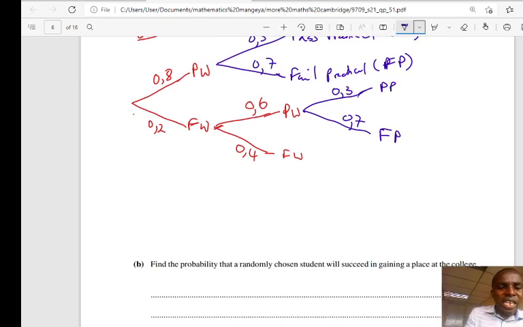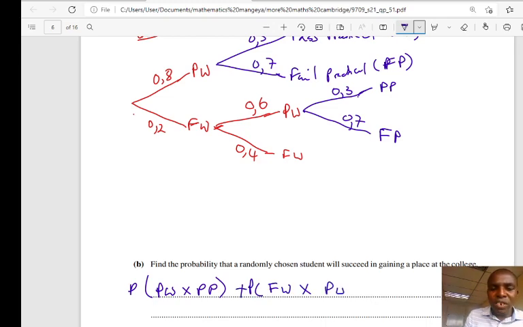So it's either he can pass written, probability of pass written, and then pass practical, or plus he can fail written, then pass written on the second attempt, then after that pass the practical.